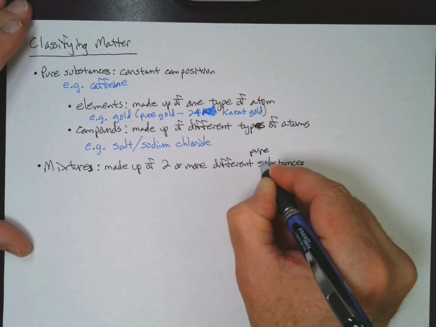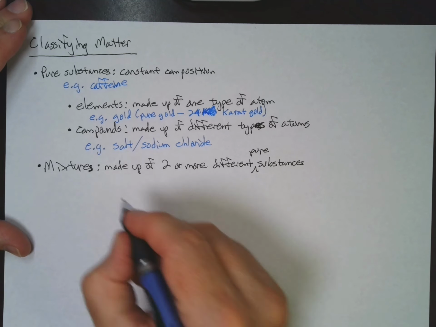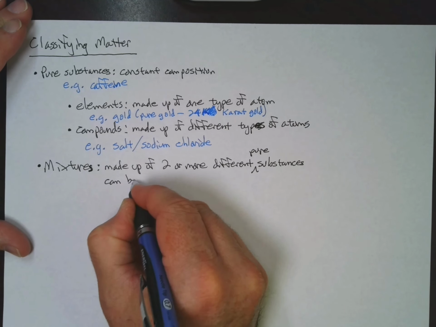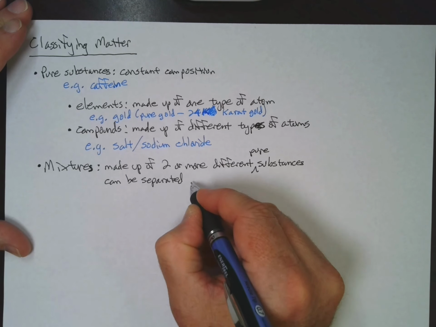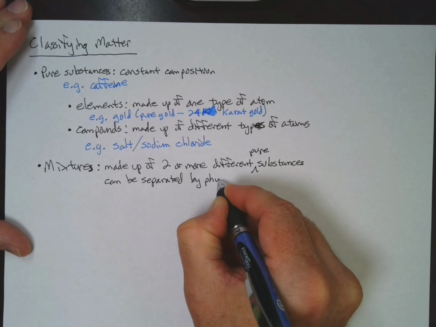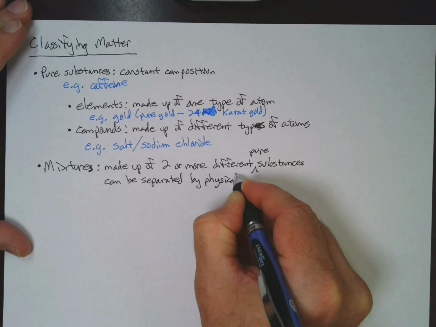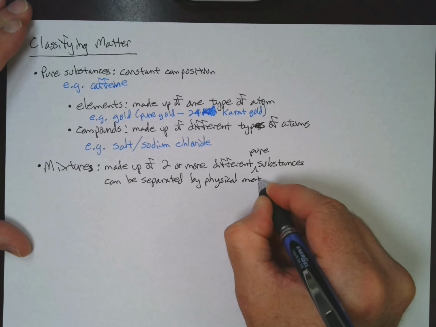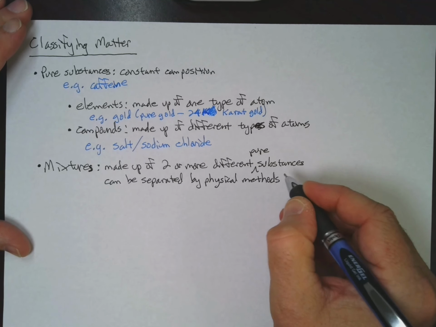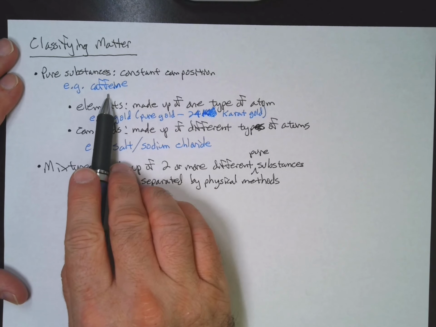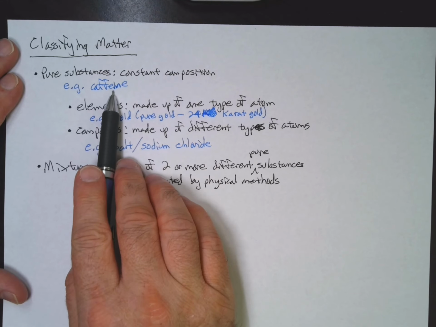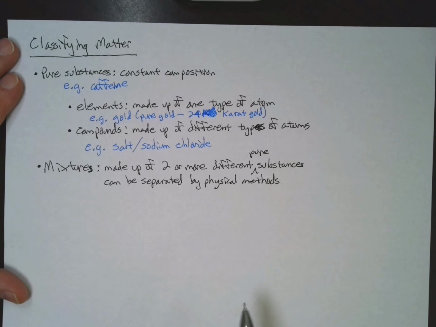I should specify pure substances, and they can be separated by physical methods. For example, we can't separate caffeine into its individual atoms unless we make chemical changes to it.